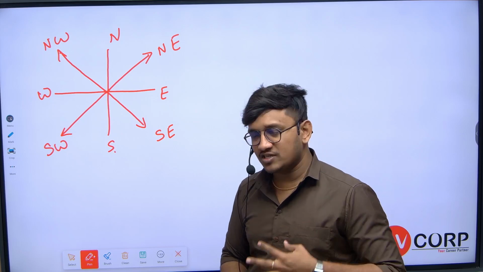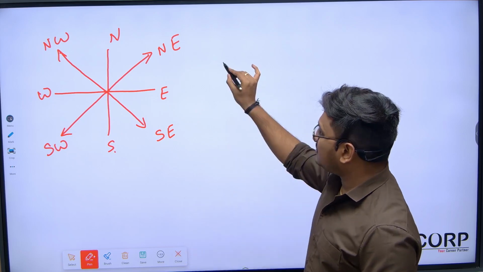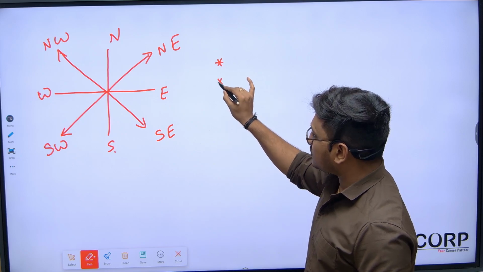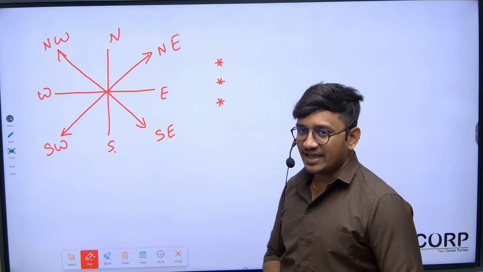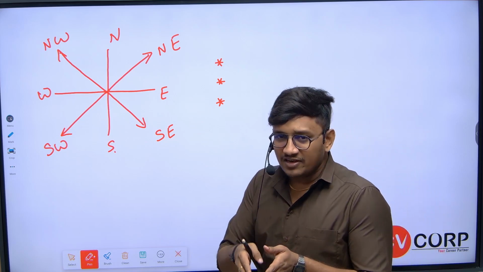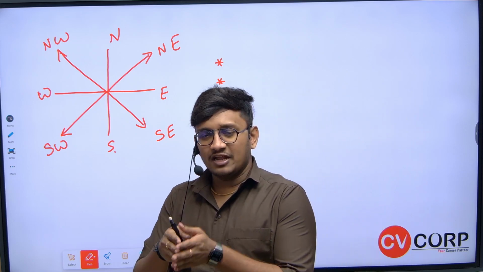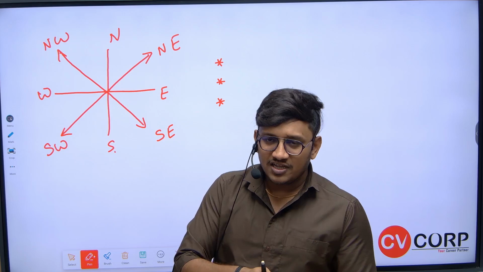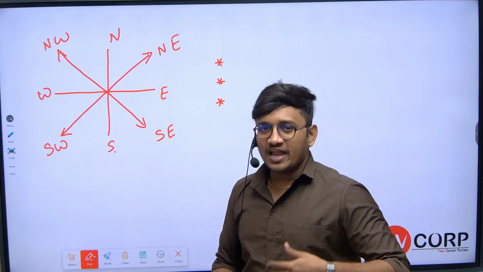What kind of questions can be given in the exam? There are mainly 3 types of questions in the concept of directions. First one: a person is traveling towards north, takes a left, and after that takes a right, then again a left.